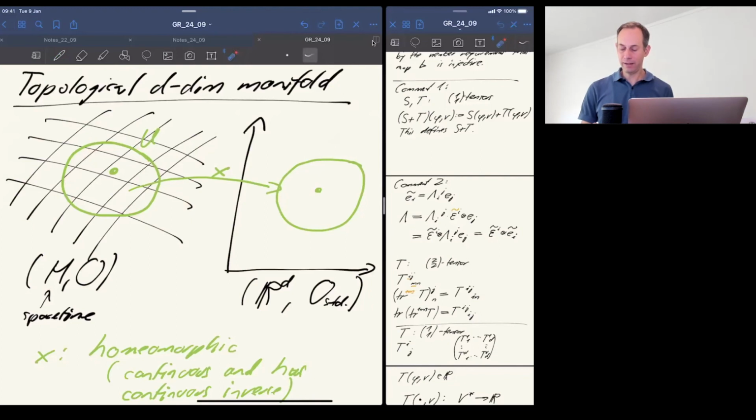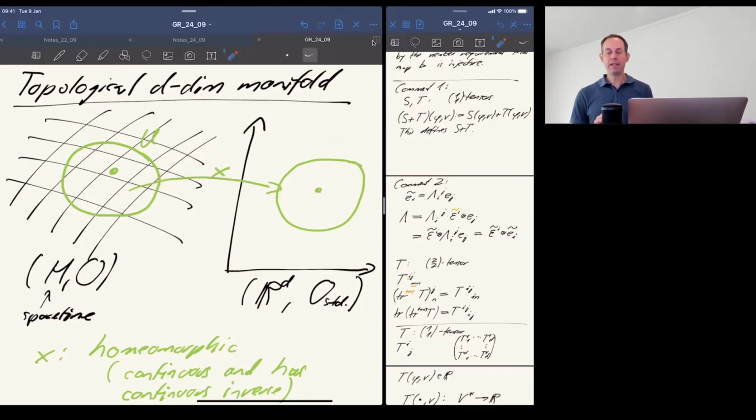There is a well-defined way of saying what an open set means because we have specified O in some way. There should be a region around this point such that I can find a continuous and invertible map, which is again continuous, into R^D.